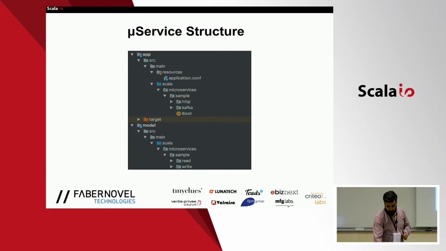At the same time, we included in the model module all the representation stuff, like the CSV serialization and the JSON serialization, because we want to avoid code duplication between microservices. We want to expose a way to serialize and deserialize those messages that are owned by a specific microservice.